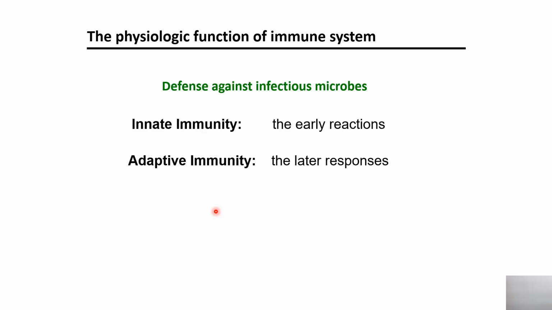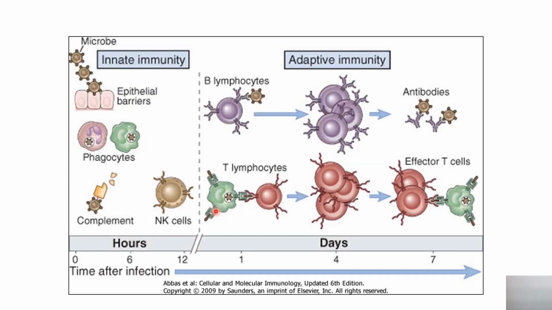So you talked about the defense against infectious microbes, the early reactions and the late responses. You can see from here it's basically a graph. On the x-axis we have the time after infection.